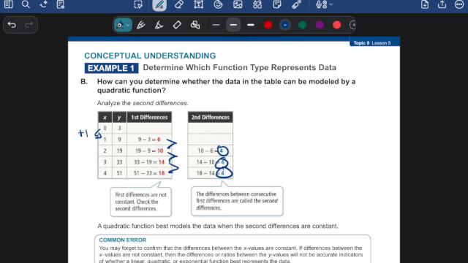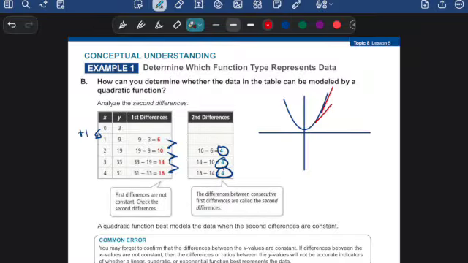If you remember our quadratic functions, let's see if I can draw it really quick. We would have this curve, and the slope represents a point on the line, and the slope does change, but if it's changing at a constant rate, then that's your clue that it's quadratic. So if you have a constant second difference, then you know that your data represents a quadratic function.